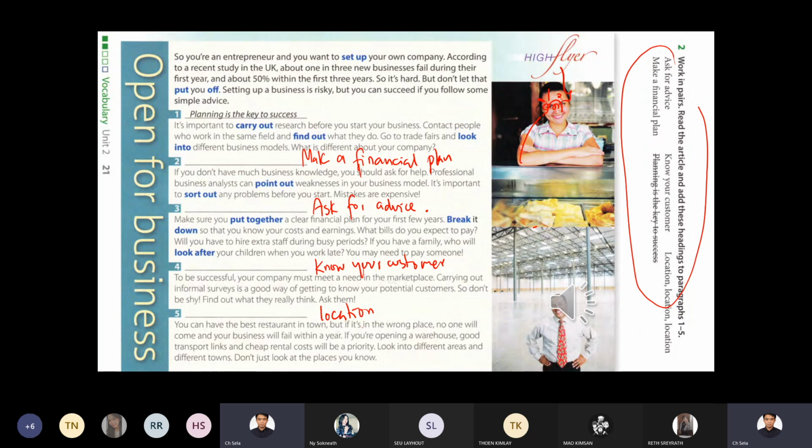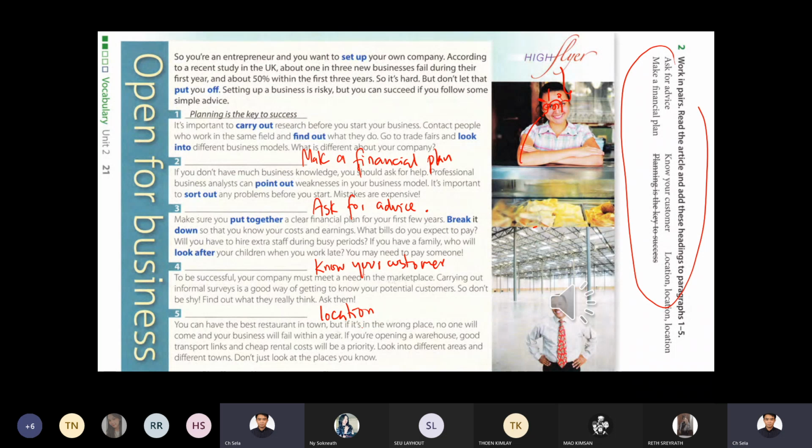So it's hard, but don't let that put you off. Setting up a business is risky, but you can succeed if you follow some simple advice. Number one, planning is the key to success. It's important to carry out research before you start your business. Contact people who work in the same field and find out what they do. Go to trade fairs and look into different business models.